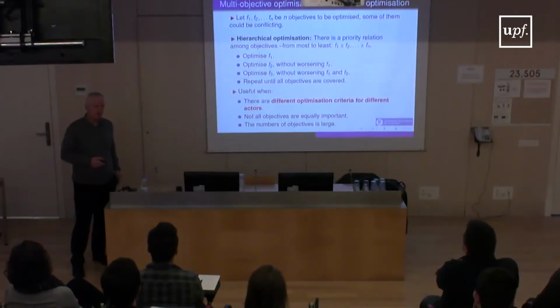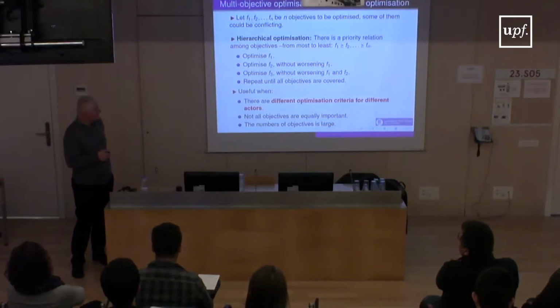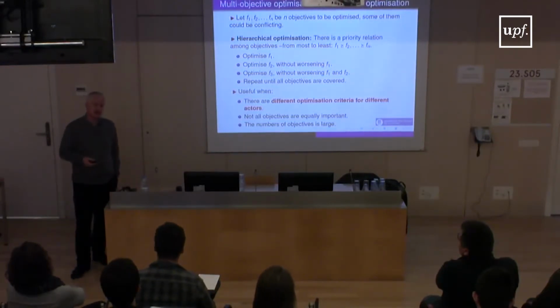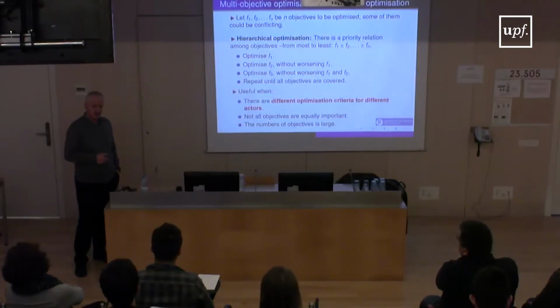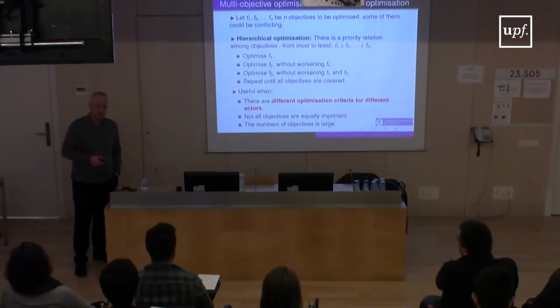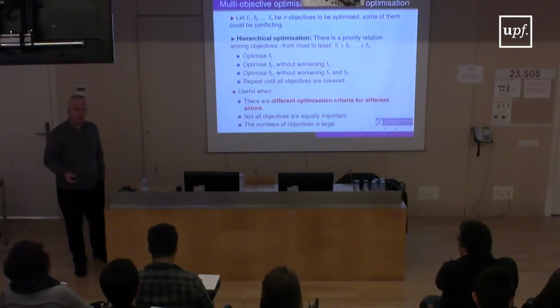So in the hierarchical optimization, because we have a number of objectives, we establish some priority among the objectives. I say F1 is the most important one to me, F2 is the second most important, F3 is the third most important, and so on, until Fn is the least important objective for me.